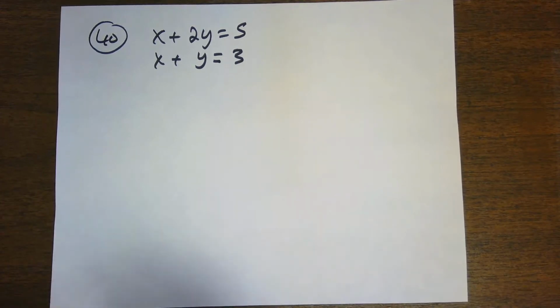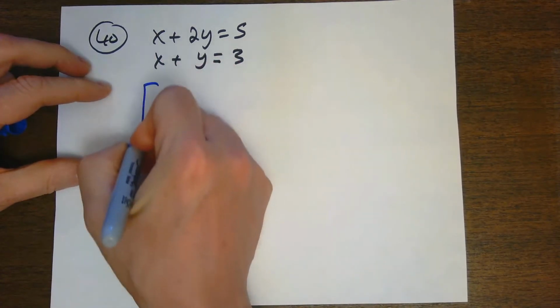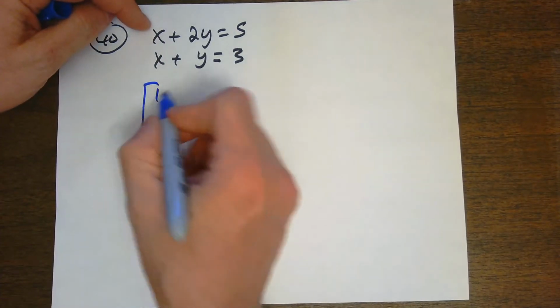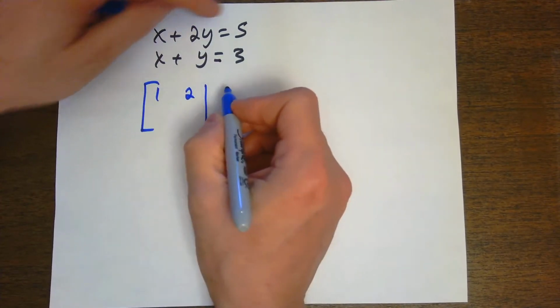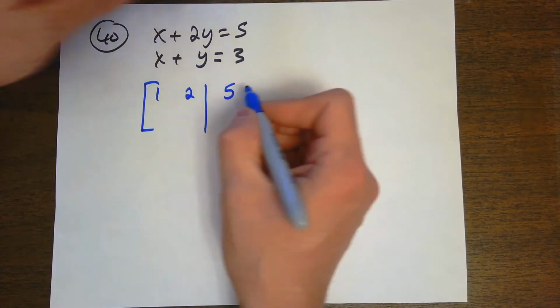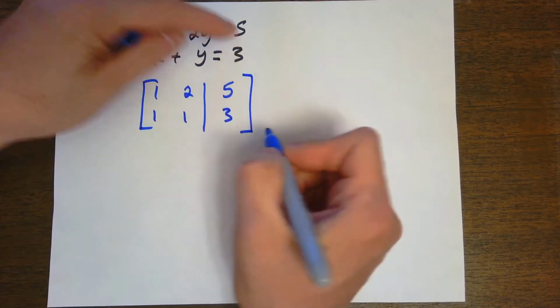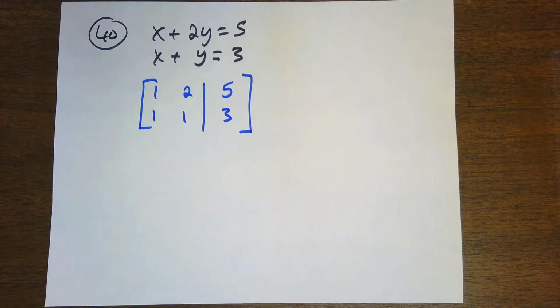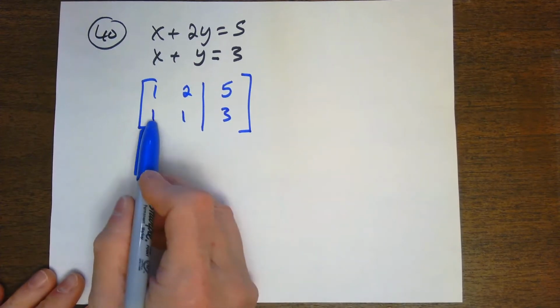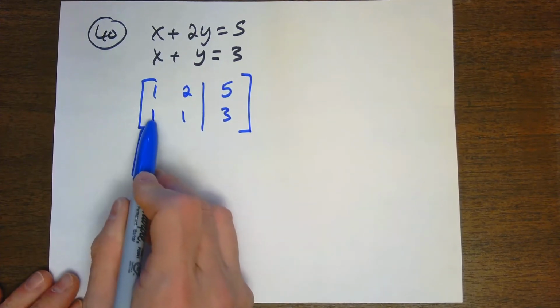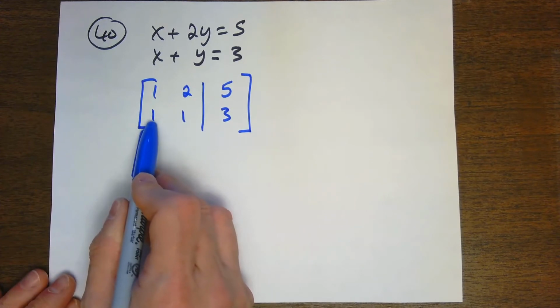All right, here we go. First step, writing it as an augmented matrix. We're going to use coefficients 1, 2, with the augmentation of the constant 5, and 1, 1, 3. All right, so I want to make that a 0. I want to make that go away.